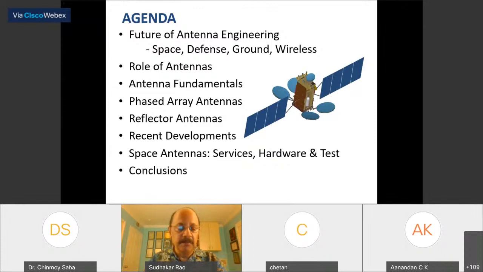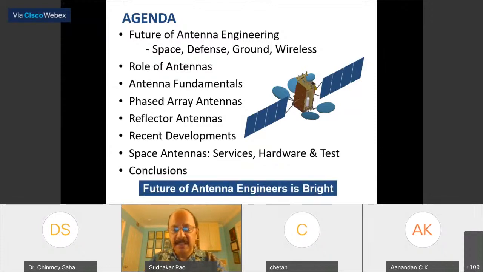And finally, some conclusions. So the future of antenna engineers is very bright. If you're working in the antenna field, I think it's very, very good.